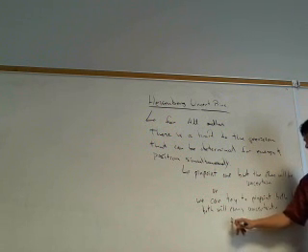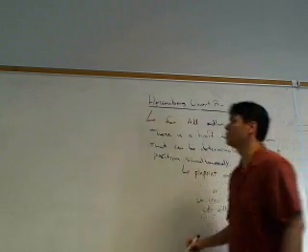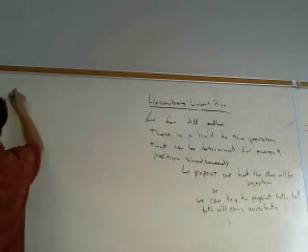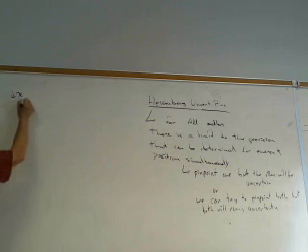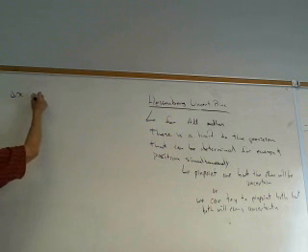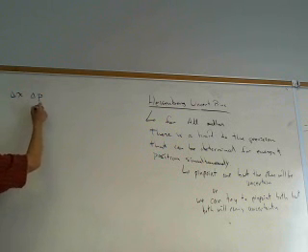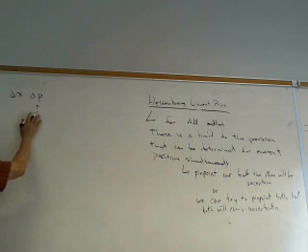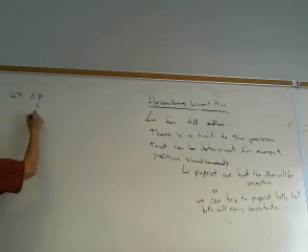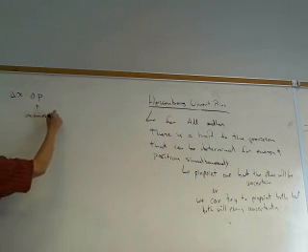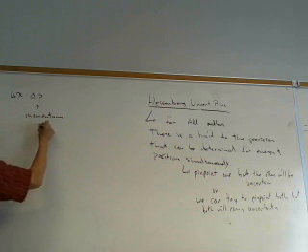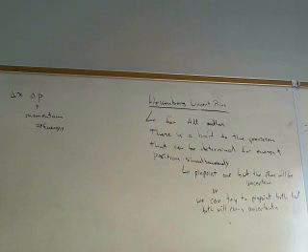And so let's say the uncertainty in the position is delta x, and the uncertainty in the momentum we'll call delta p, which is pretty much the same as energy. So these are the uncertainties.